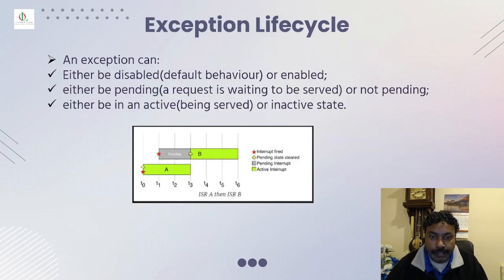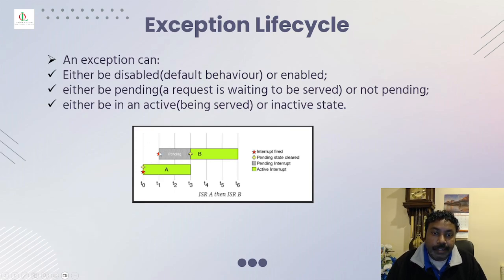And the exception cycle. This is how the real exception cycle works. Whenever an exception happens, it can either be disabled by default or enabled. It can be in pending state, that is, a request is waiting to be served, or not pending, or in an active state, being served currently, or inactive state.